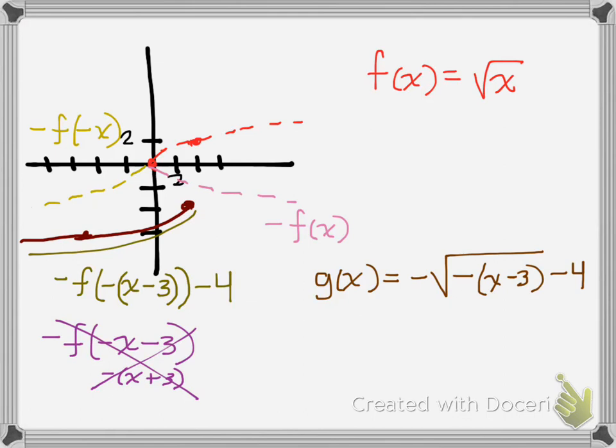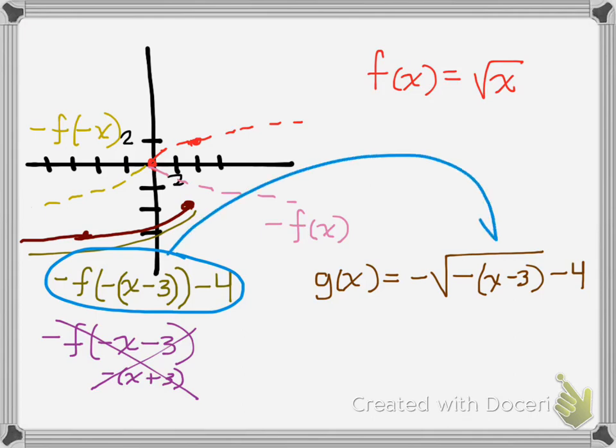So there are kind of two things going on with these types of problems. One is we're trying to get to this final transformation of f, and then we have to merge that with the parent function in order to get the correct final expression.